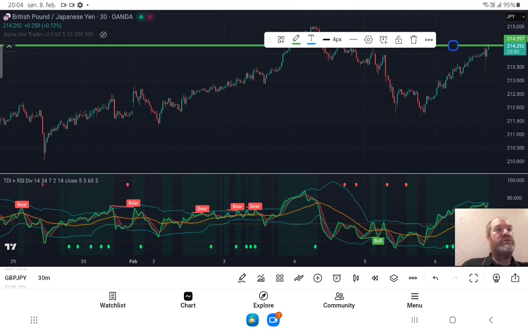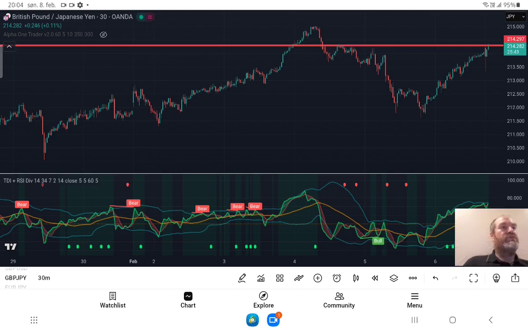Let's change that to a red color, and there we have it. So now we know we have taken a trade there. So like I said, this trade we are going to hold open till probably tomorrow morning when I wake up, and I will make a new video then on how this trade did go.